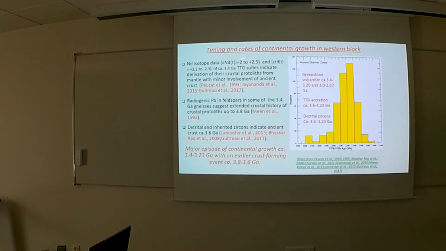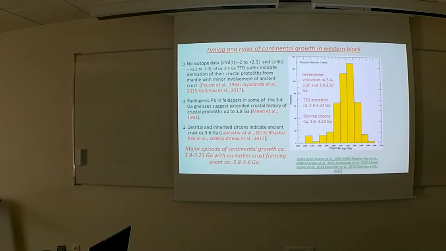Now, when we look into the timing and rates of crust growth, this is the bar diagram that we prepared, considering the granulation mechanism, TTG accretion, and also the detrital zircons, which correspond to their provenance. The ages correspond to the accretion of their provenance.